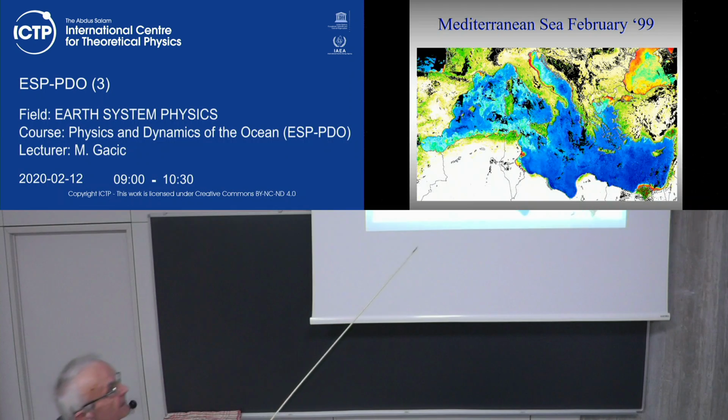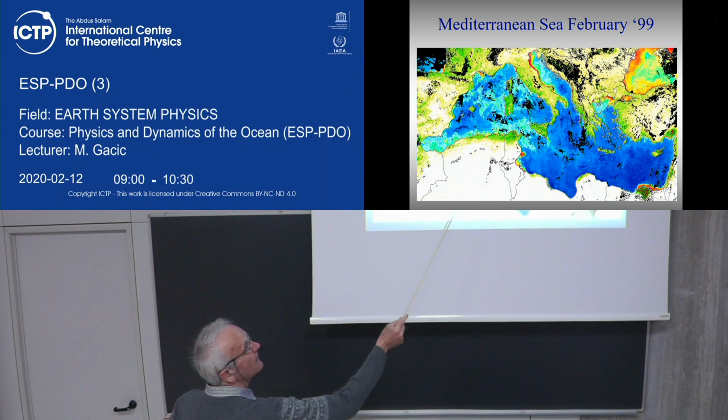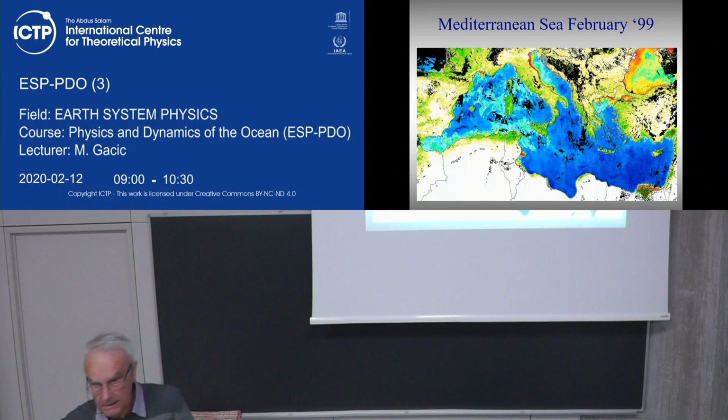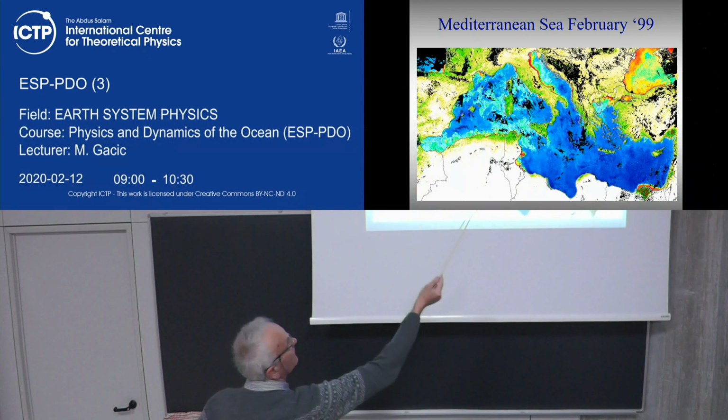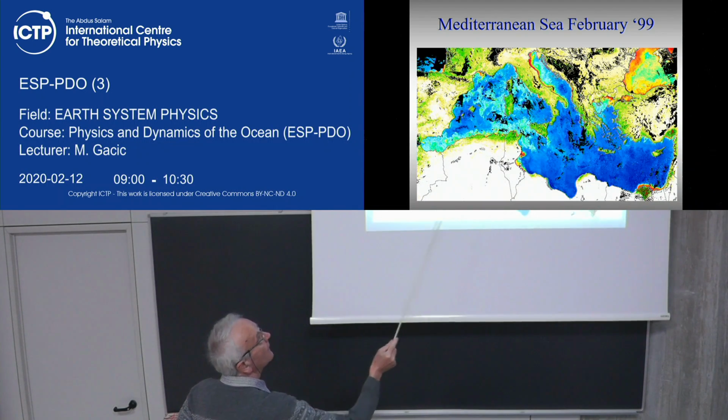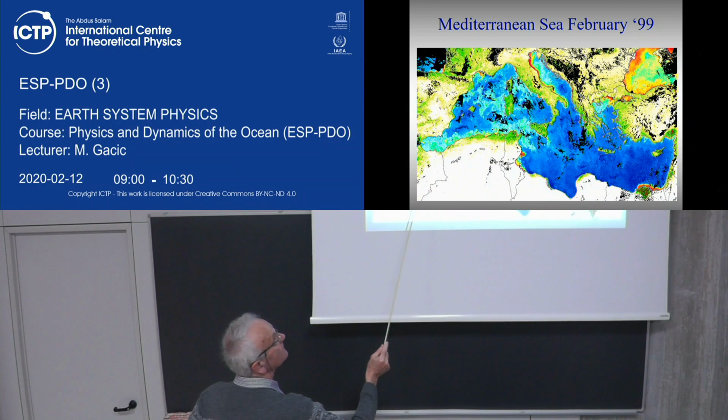And indeed, you can see that this relatively low chlorophyll concentration, which is associated in this part of the winter when there is a strong vertical mixing and low concentration of chlorophyll, is present in, for example, February 99. And another place where the dense water is formed is the Gulf of Lions, which is here.